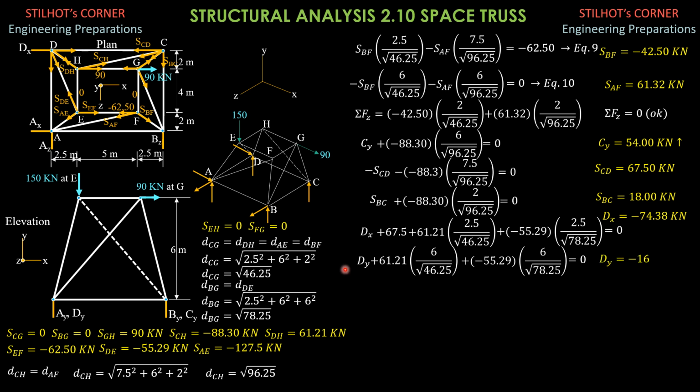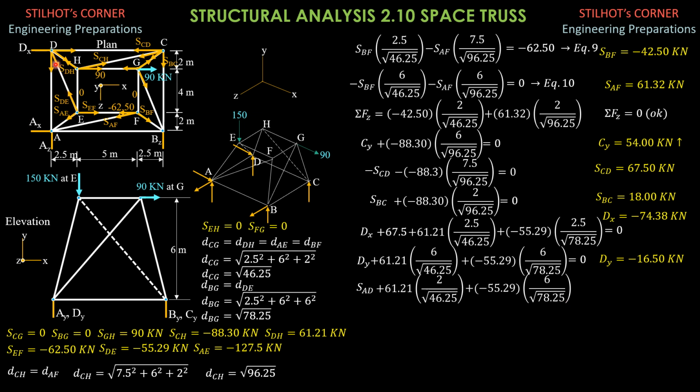So DY is equal to negative 16.5 kilonewtons. Then summation forces along Z, SAD in the positive direction, assuming this direction, positive. SDH also plus 61.21 times 2 over square root of 46.25 plus SDE, which is negative 55.29 times 6 over square root of 78.25.